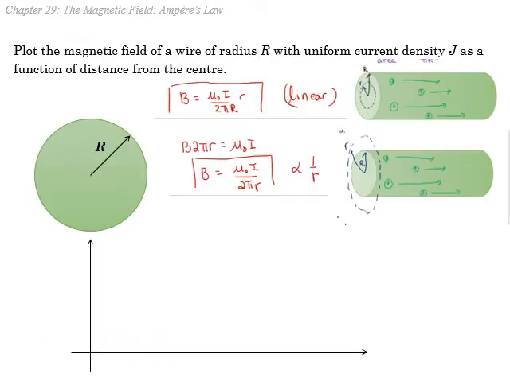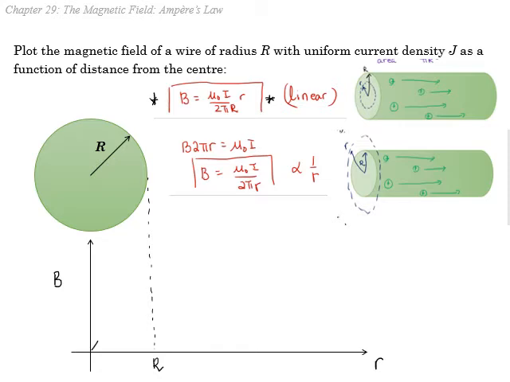Now, because we're physicists, we graph everything. So let's plot the magnetic field as a function of distance r, where r is the distance from the center. We can break it into two sections: inside the wire and outside the wire. And the crossover point is at the radius of the wire, capital R. Inside the wire, we already found our equation that B was mu naught I over 2 pi R squared times your distance from the center.